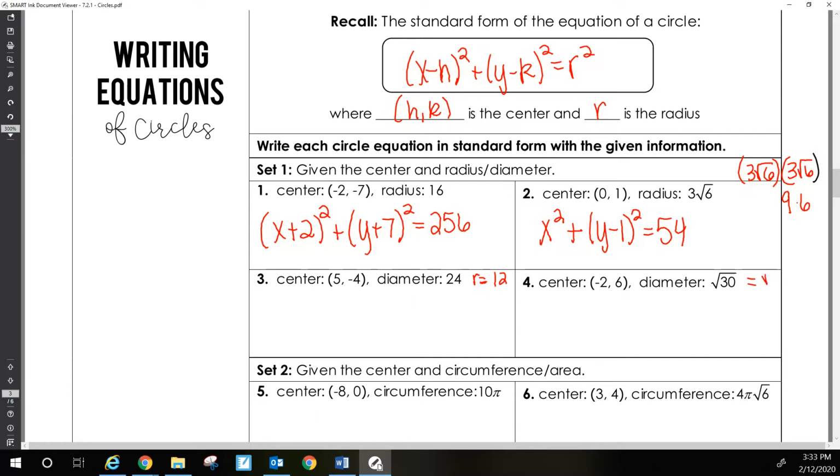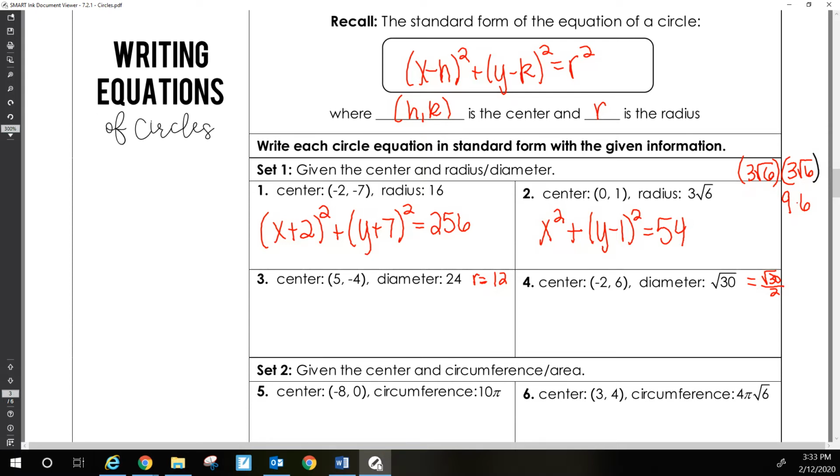Over here is going to be the square root of 30 divided by 2. Well, the square root of 30 would be, let's see, what can we bring out of there? That's 6 times 5. Can't really bring anything out. So we could put it into a decimal approximation. Oh, but we're about to square it, right? So let's not worry about it. It's just the square root of 30 over 2.